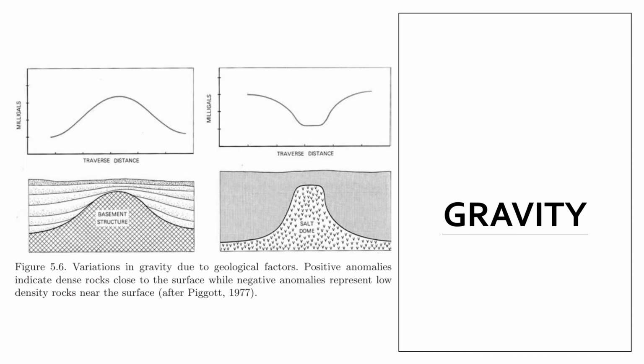Now, the next example here is a salt dome. Okay. And of course, the reverse happens here. Salt has a very low density, I think it's almost half the density of a normal rock. So here, as we are passing by your other types of rocks, you are registering a relatively high gravity reading or a relatively high density.